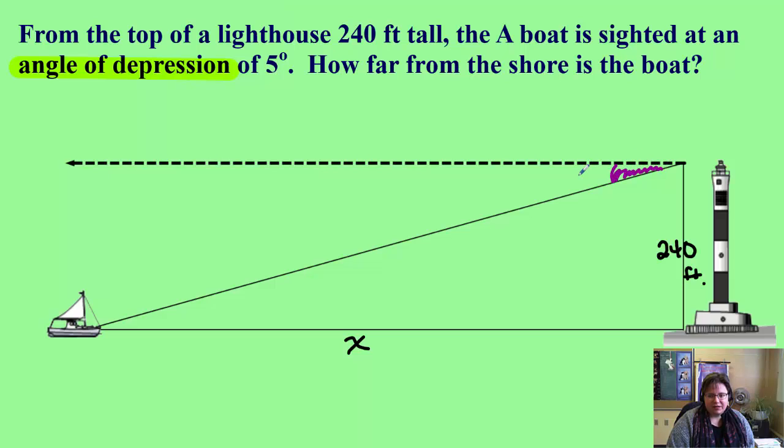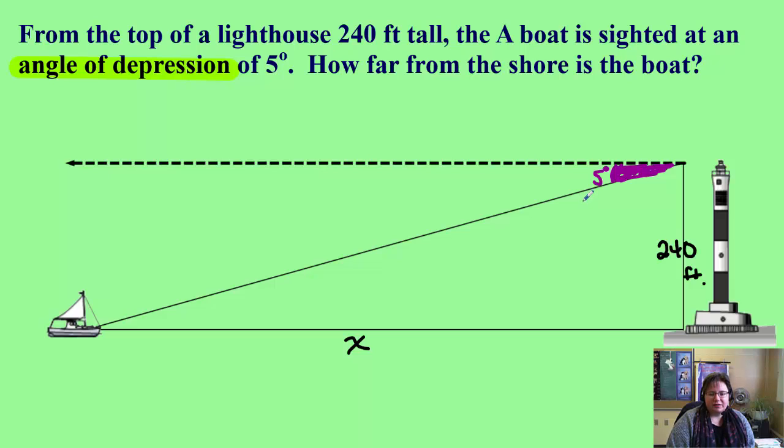So it's that tiny angle right there that's 5 degrees. It is not this angle in here. You need to remember that angle of depression is straight out, so straight out looking down. So that's our angle that we're dealing with right there. And it's outside the triangle that we know about.